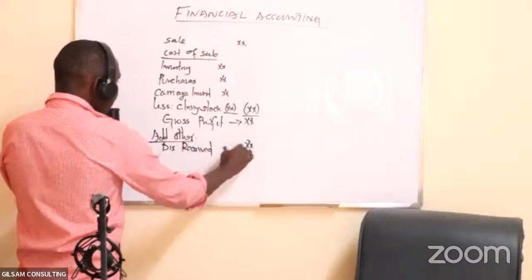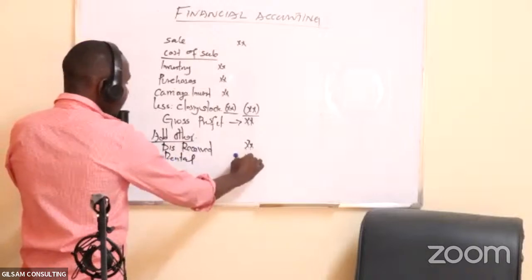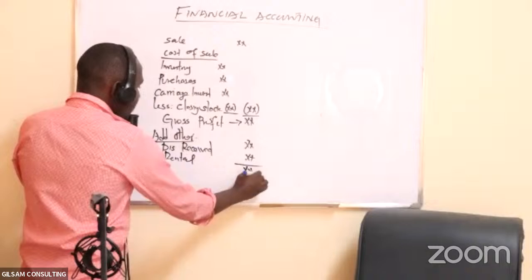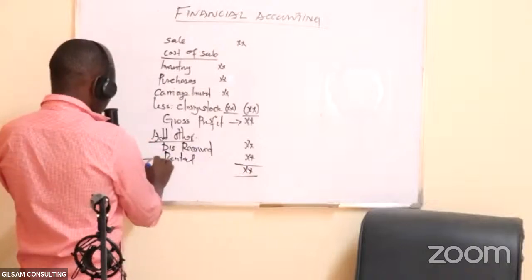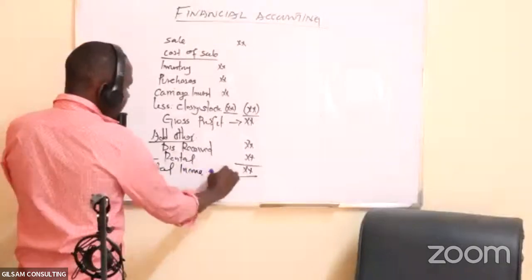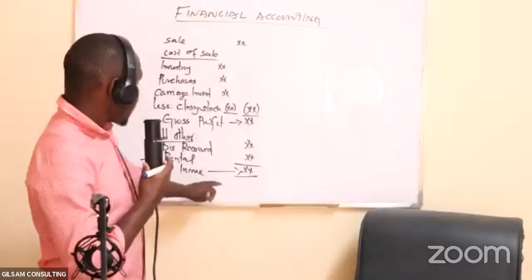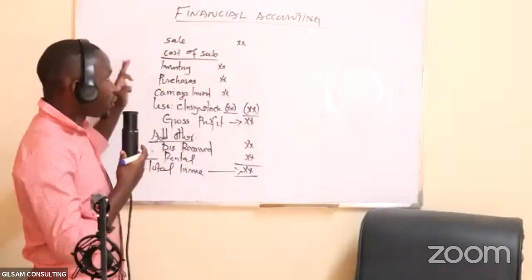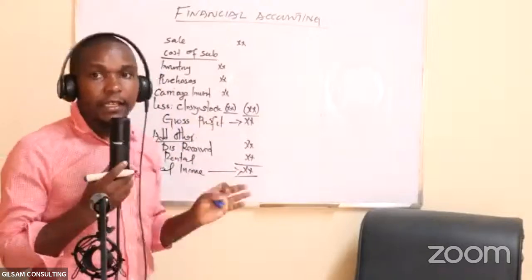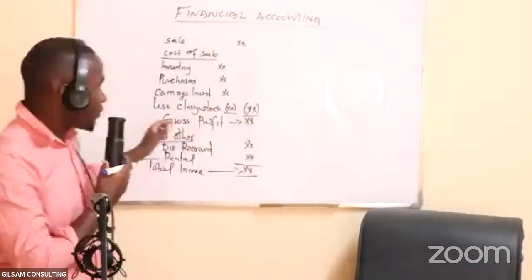You add any rental income, and you get your total income. So this is the format you should have if you have been asked for any income statement question.